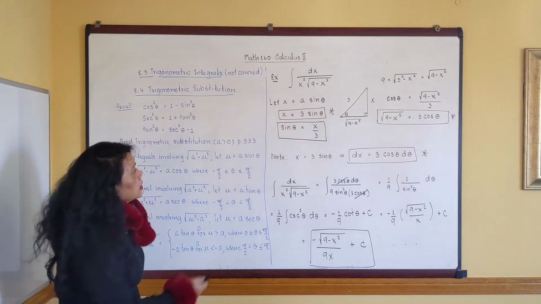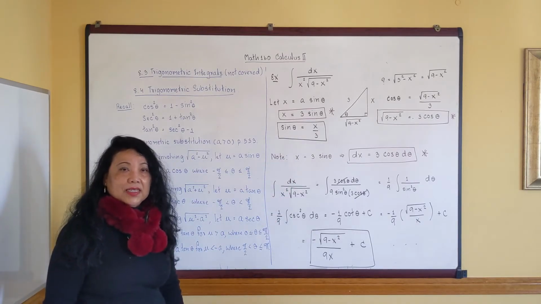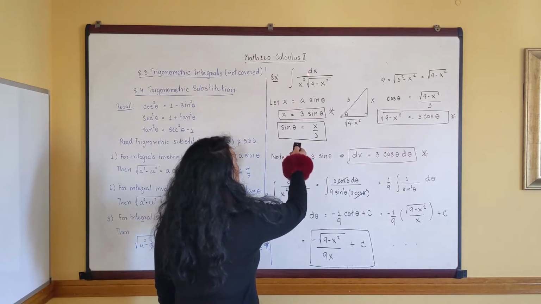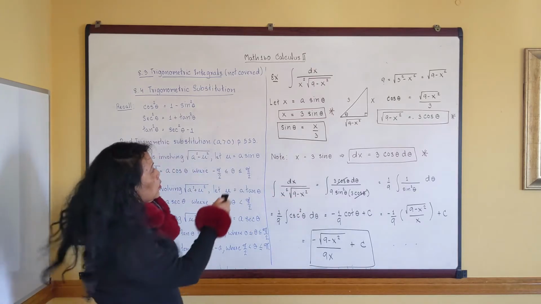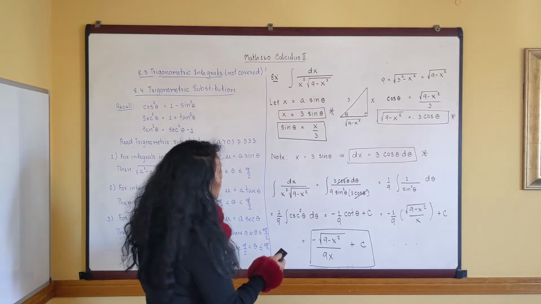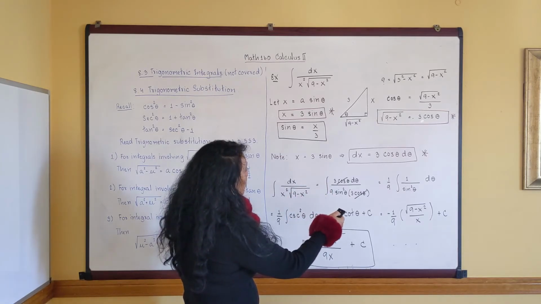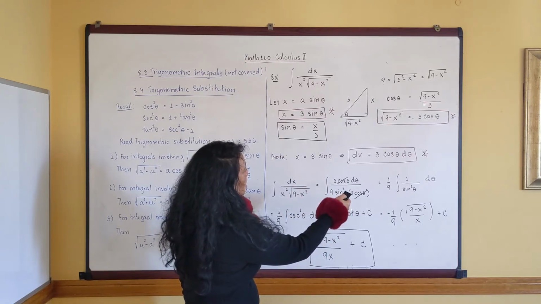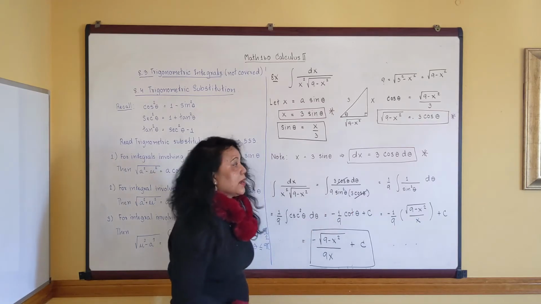The idea is we're going to convert all of this to trig functions. That's the goal. You're going to have to figure out what your dx is, what your x squared is, and what your square root of 9 minus x squared is, and convert all of it to trig functions. So from the triangle, multiplying by 3, the square root of 9 minus x squared is equal to 3 cosine theta.